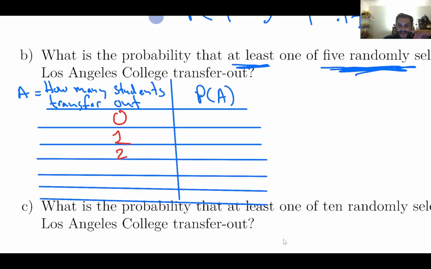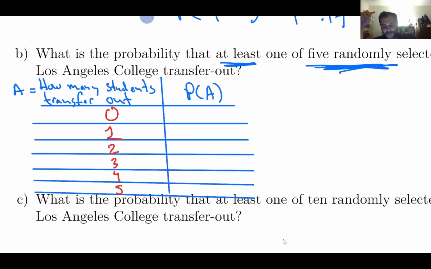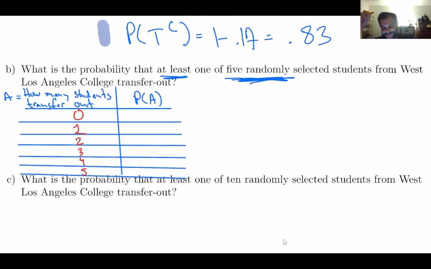Which is the next one? 3, 4, 5. Cool. All right. So that's it. So this is our distribution table, or probability distribution table. So it could be that 0 people transfer out, 1 person transfers out, 2 people transfer out, 3 people transfer out, 4 people transfer out, or all 5 of them transfer out. All right, but let's look at the question.